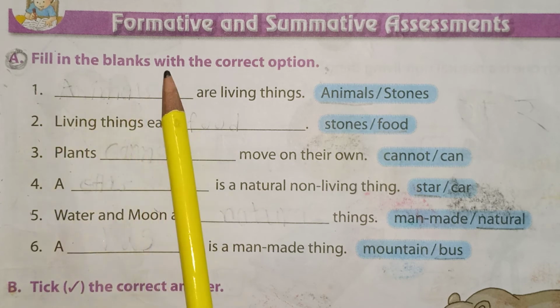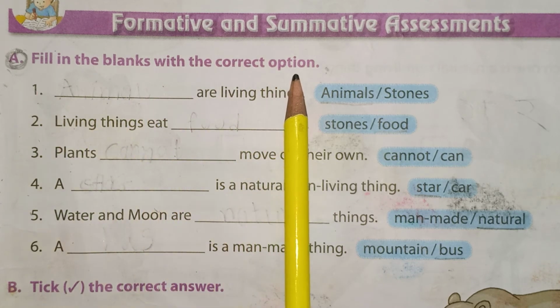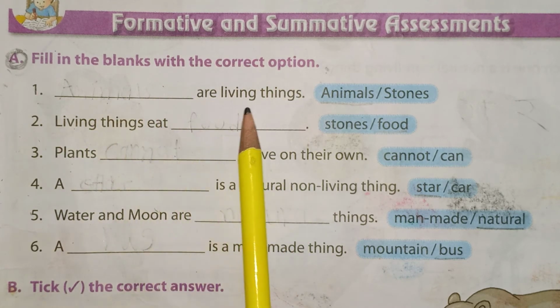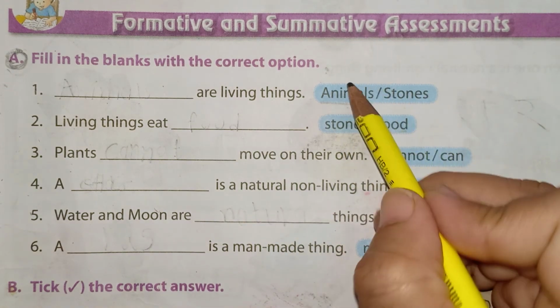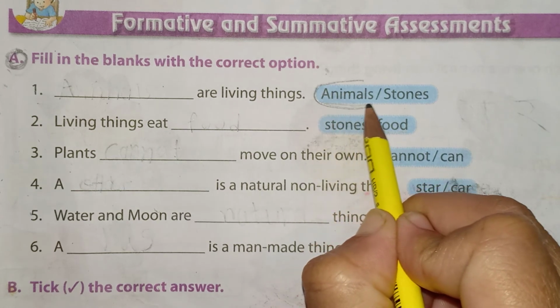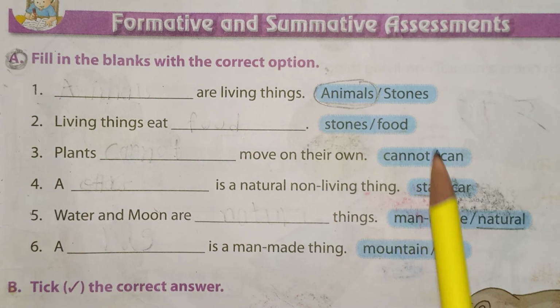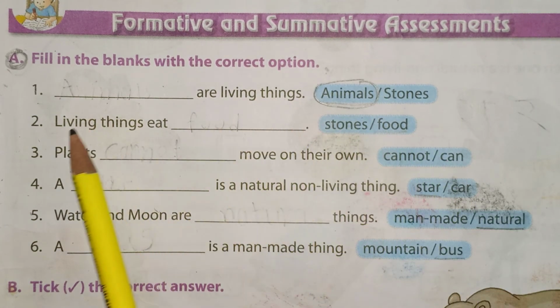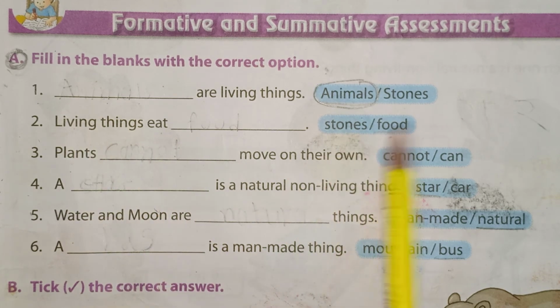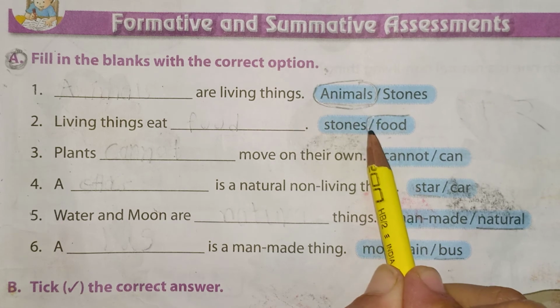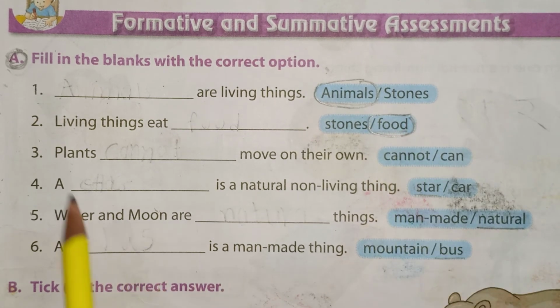Fill in the blanks with the correct option. Blank are living things. Animals or stone? So it is, animals are living things. Living things eat stone or food? Yes, living things eat food.